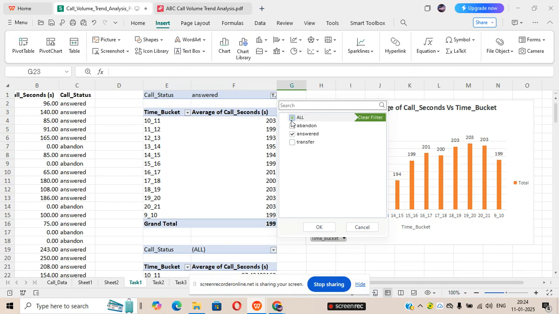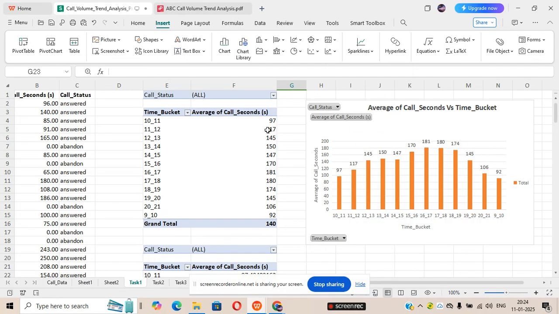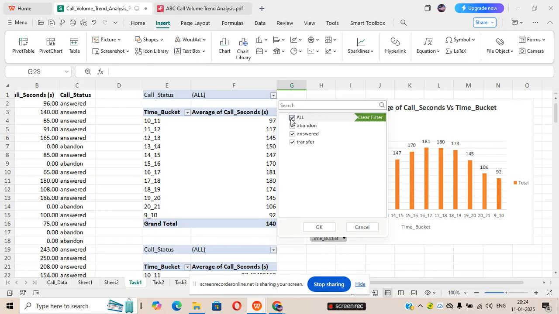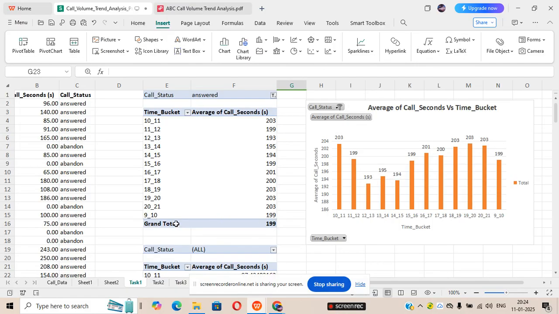We can select all, and see the average call values for each time bucket. We can change it to answered also. We can select any of these and check the values for each time bucket. For answered calls, we have found that the average call seconds is 199.